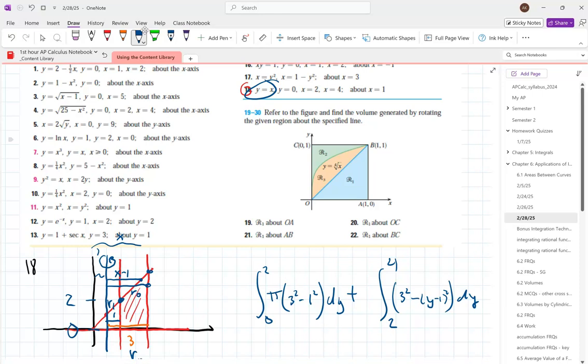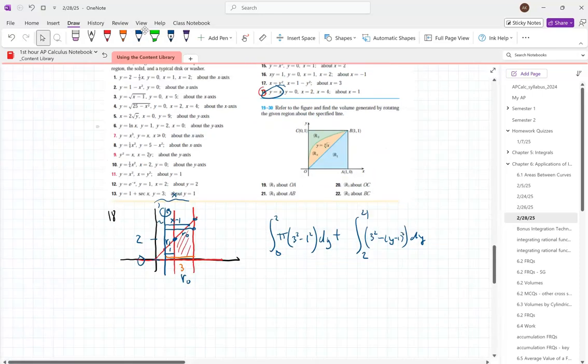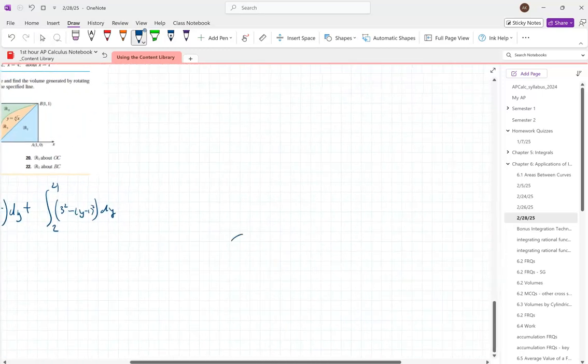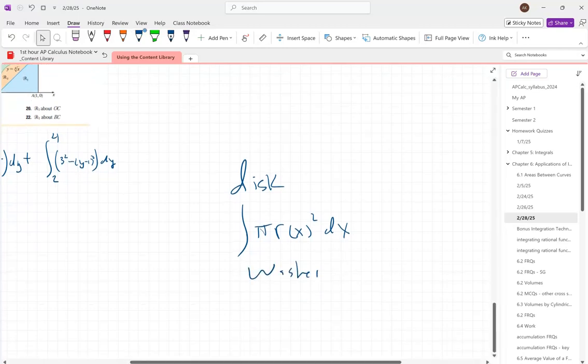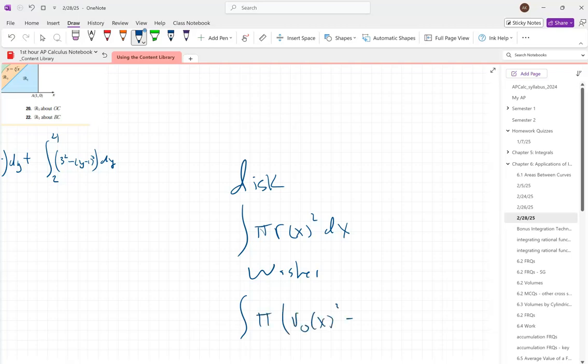Very good. Thank you. So there's like a formula for each method? Yeah. So disk is just pi r of x squared dx. Washer is like pi r outer of x squared minus r inner of x squared dx.